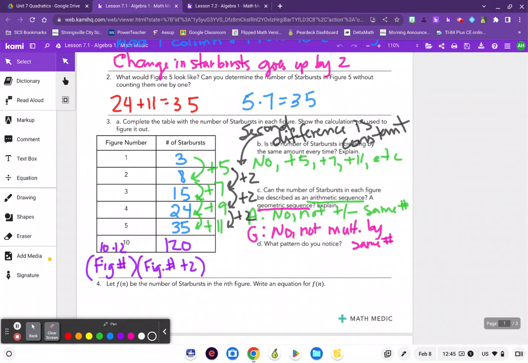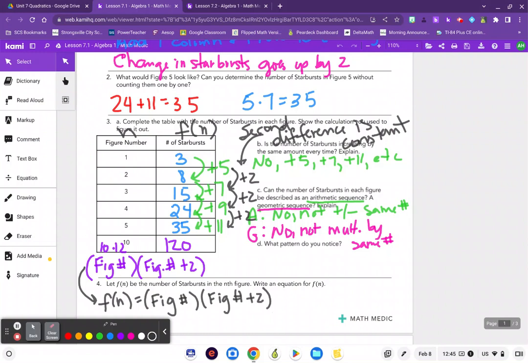Before we talk about that new type of function, I want to go ahead and let f of n be the number of starbursts. So that means that this is f of n in the nth figure, so this input here would be n, and I want an equation. So my equation is actually the one I already wrote up here, right? f of n is equal to the figure number, that will be n, times that figure number plus 2.